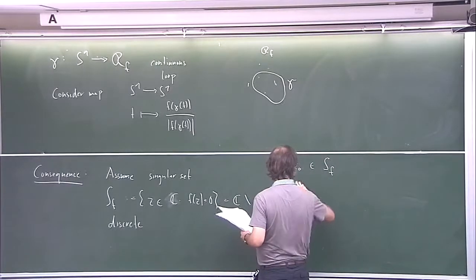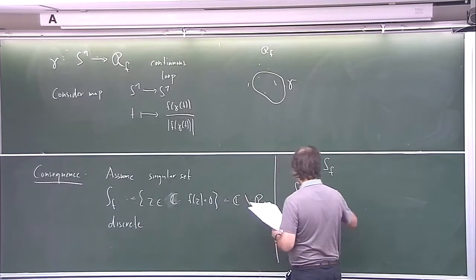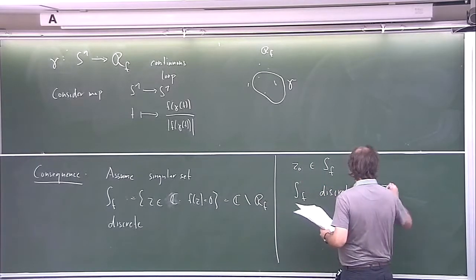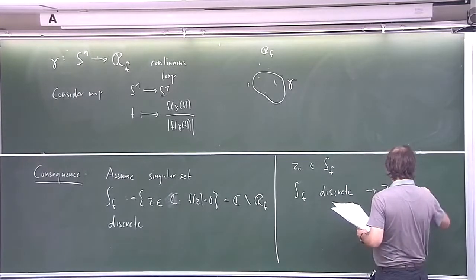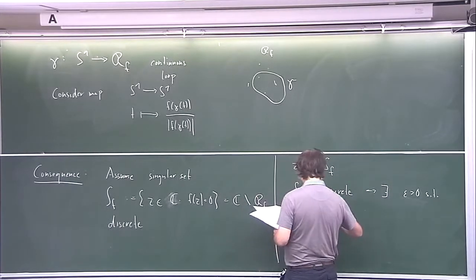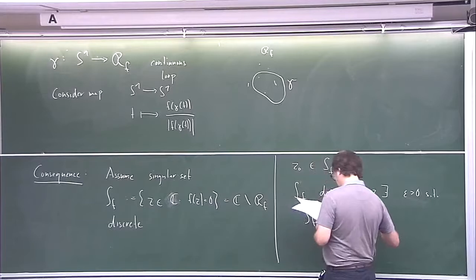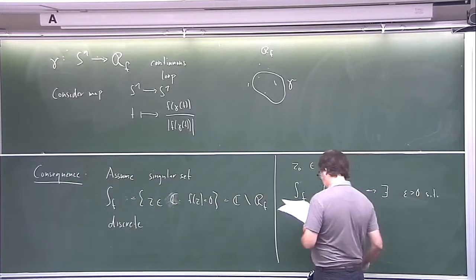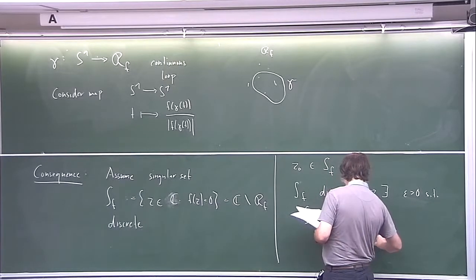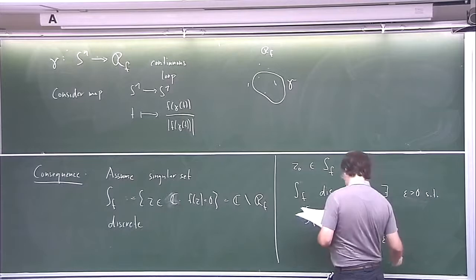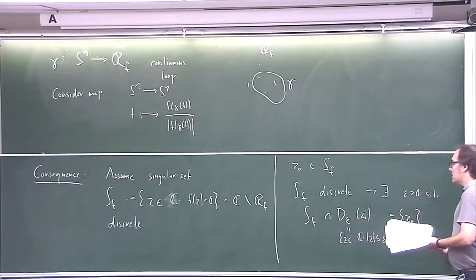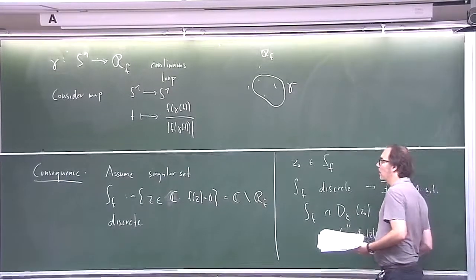So it follows that there exists some epsilon bigger than 0 such that SF intersected with the closed epsilon ball around z0, the z in C such that |z - z0| is less than or equal to epsilon, has z0 as the only singular point in this epsilon ball.